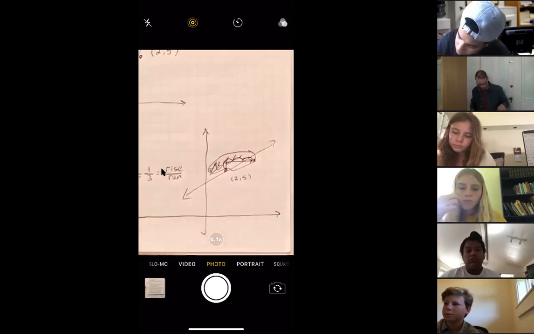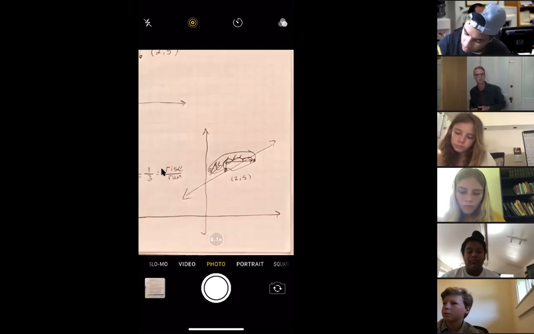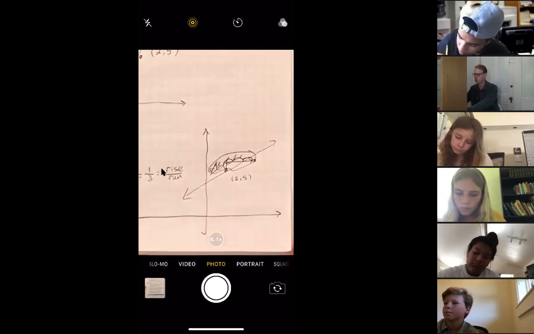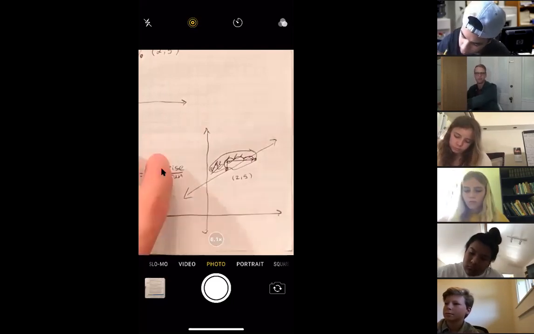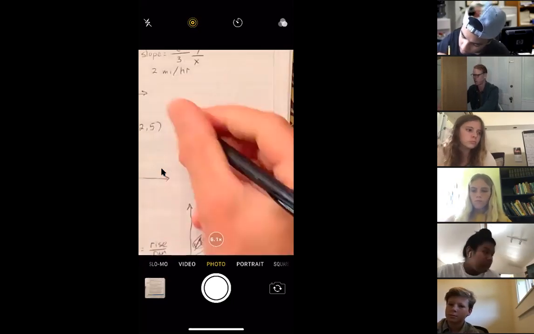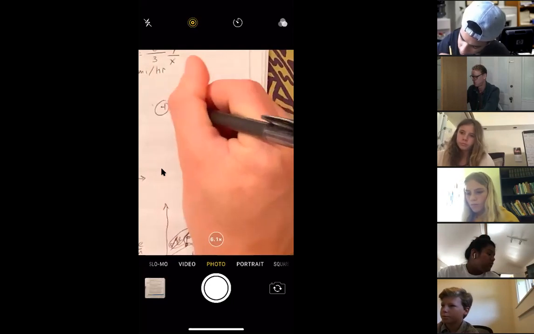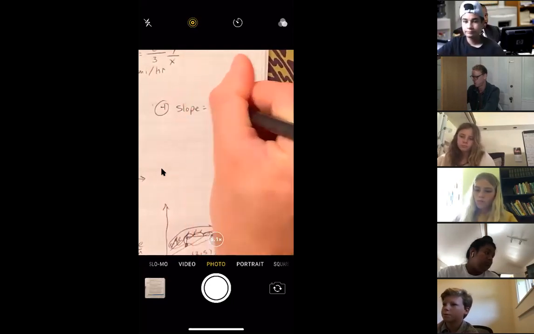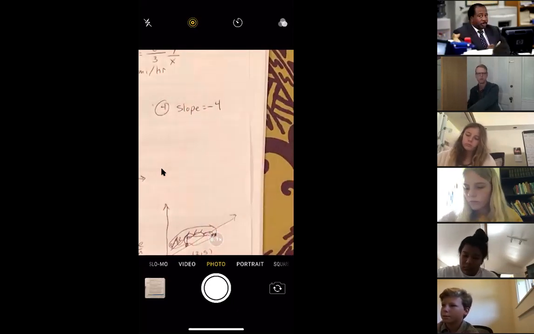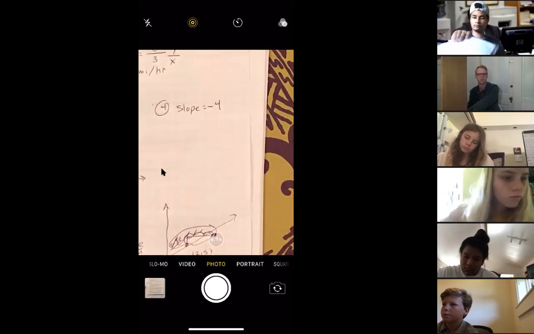Okay, try number 4. Number 4 has a slope of -4. Why don't we just define what you think that would mean first? On number 4, if you have a slope of -4, Bo told us it needs to be rise over run.